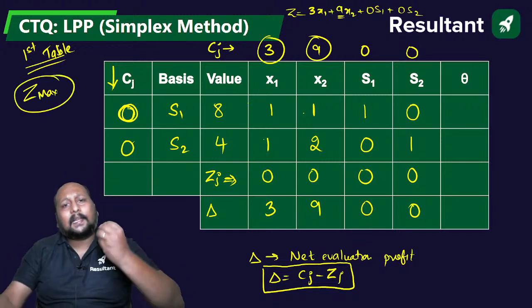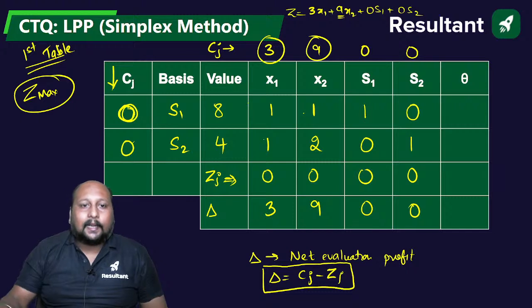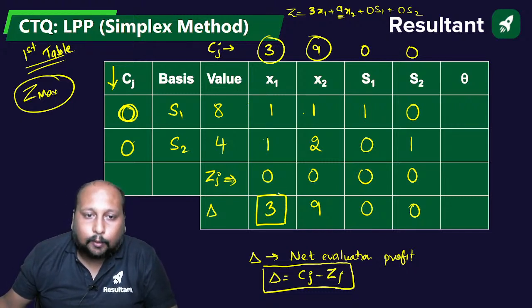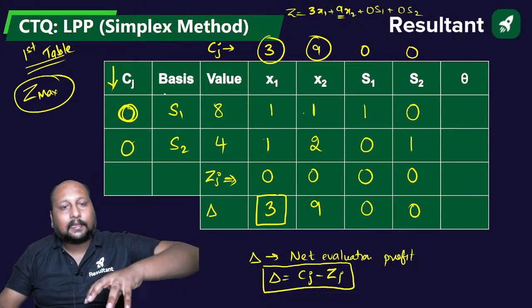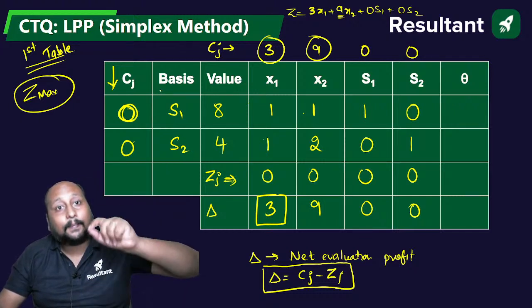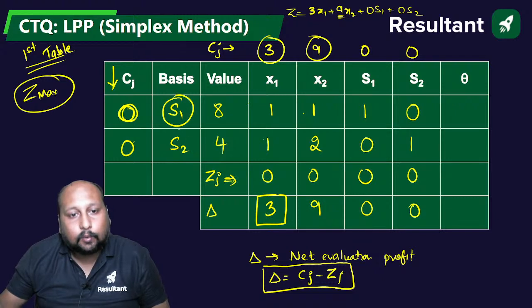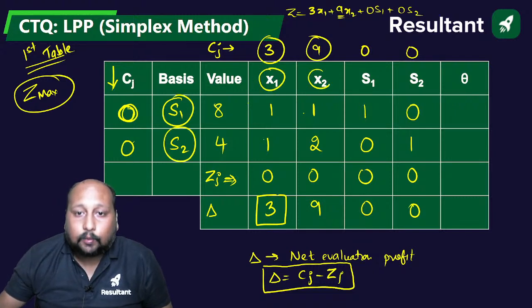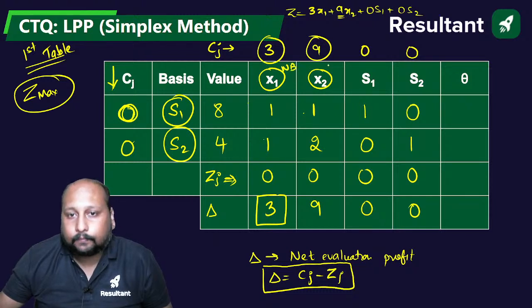Now what does this delta signify? Delta means that if x1 goes into the system, meaning the solution, the variables which are basic variables. Here s1 and s2 are the basic variables or basis, and x1 and x2 are the non-basic variables.